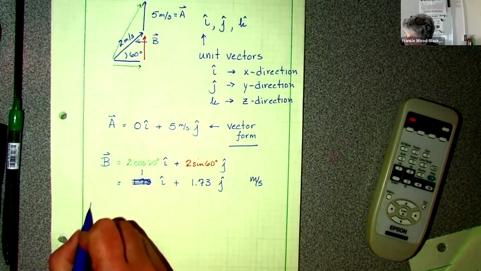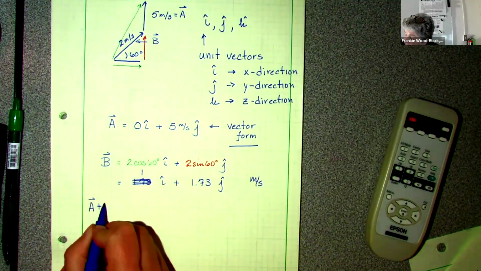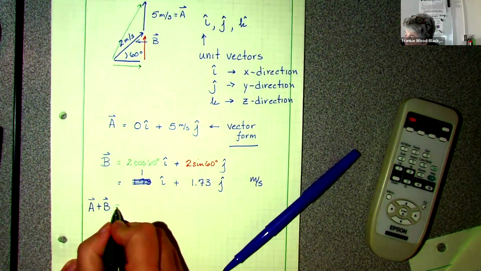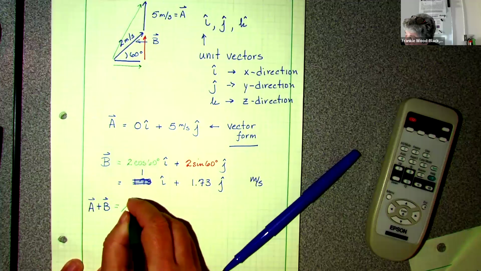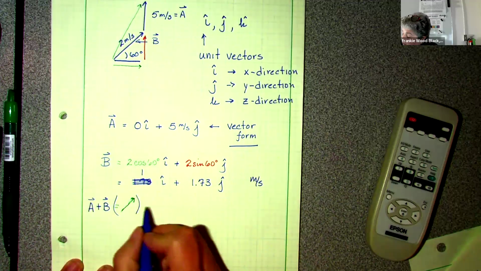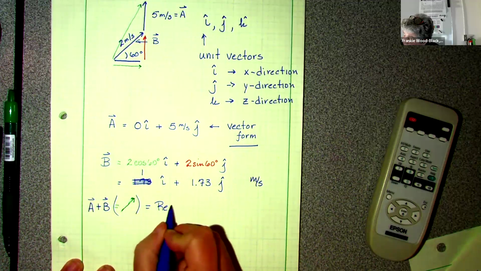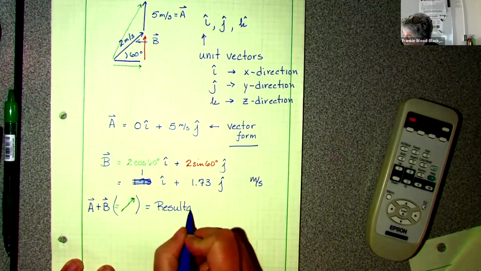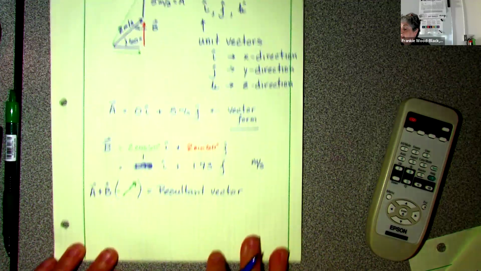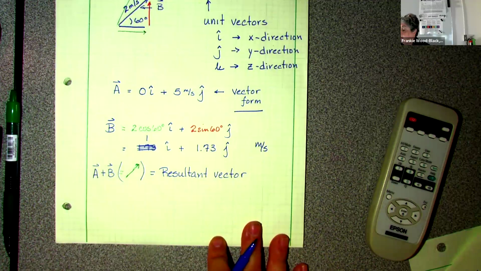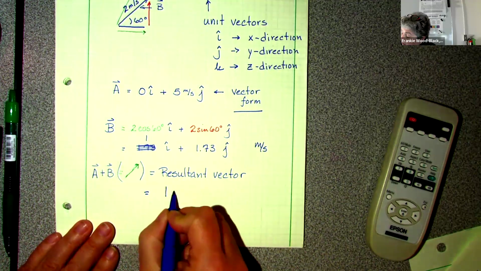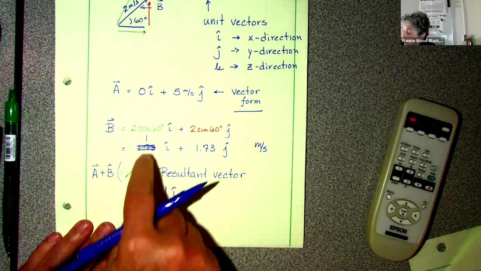So if I add A plus B, this is going to equal this vector that we have in our picture that's green. It's going to give me that green vector, which is my resultant vector. I'm going to add my x components. 0 plus 1 is 1.